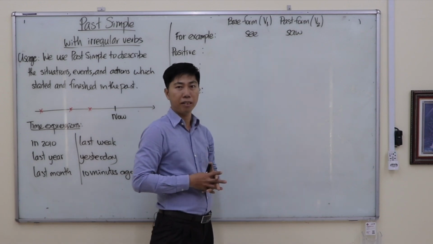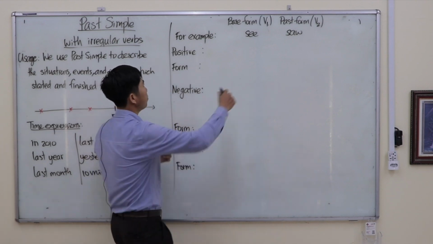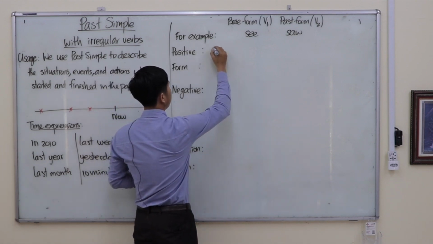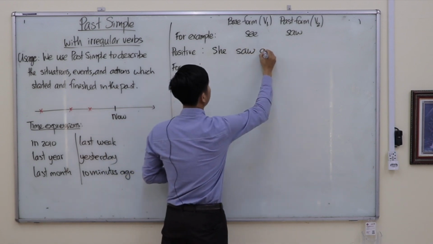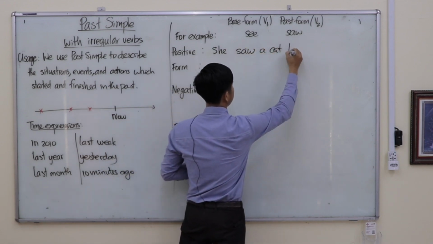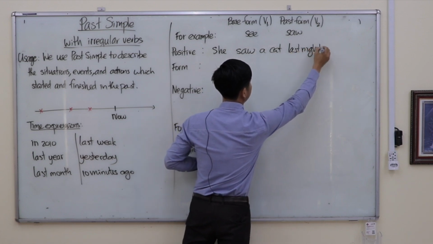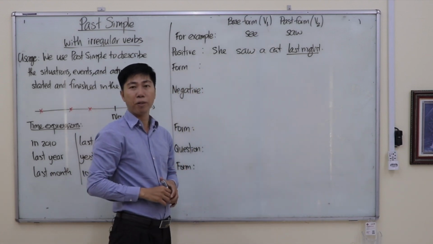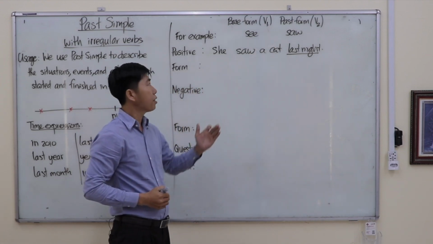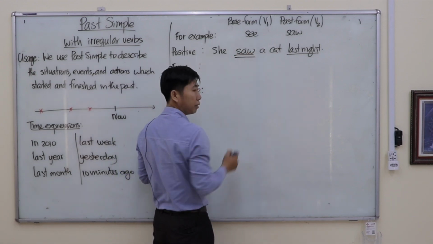They are different, so we have to remember. For example, she saw a cat last night. The words last night are a time expression in the past, so the verb in the sentence must be past.